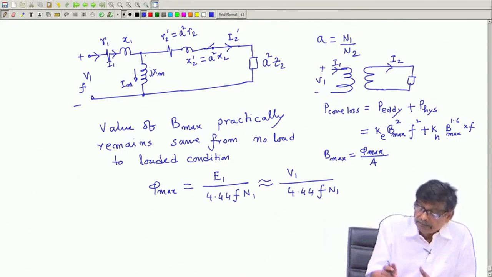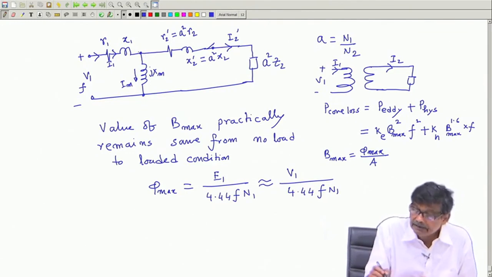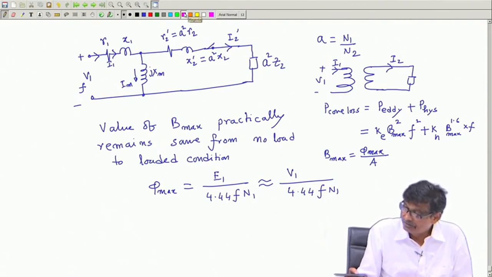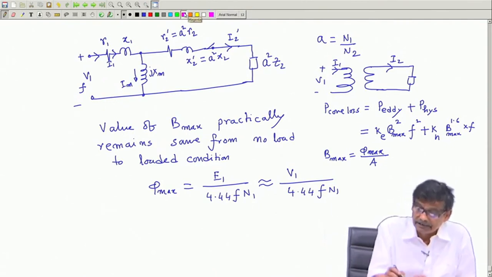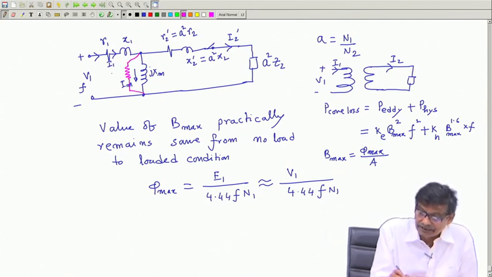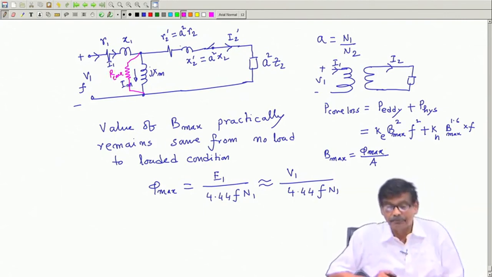But anyway, this loss, which depends on B max, which practically remains the same, should be shown by a resistance connected across Xm. That is what I am telling. This is R core, which will take care of the core loss.